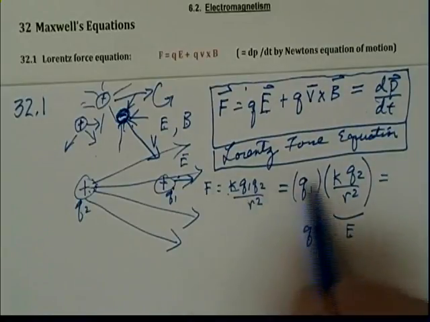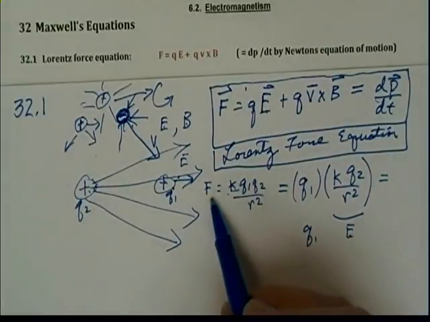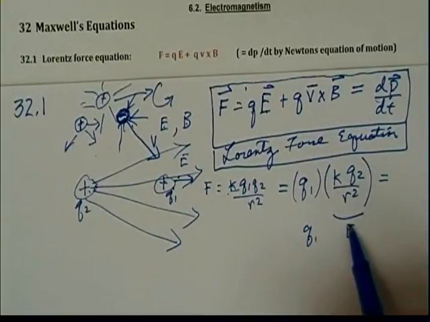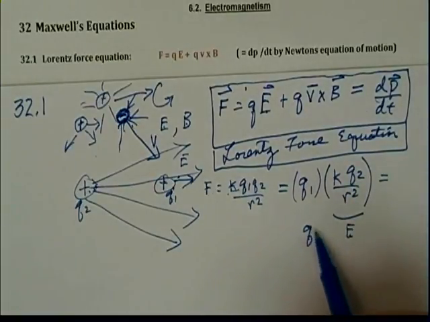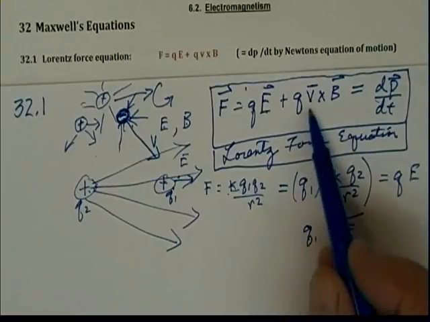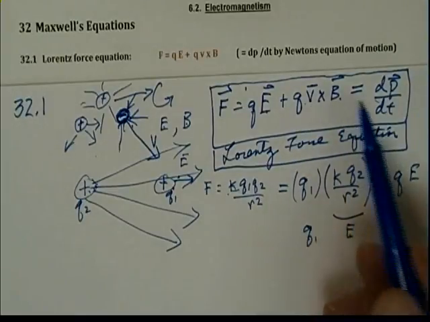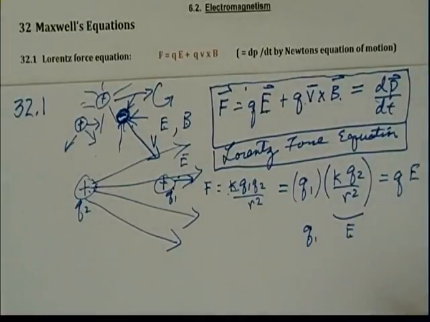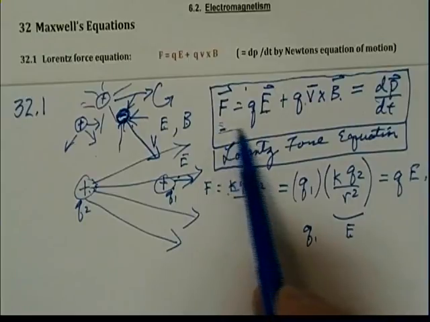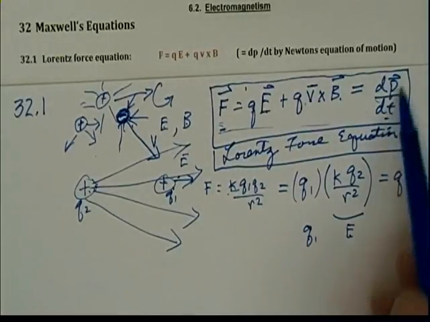And so you can see we've really split the equation that Coulomb provided us with into 2 parts, an electric field part and a charge part. And so now we can write this as Q times E. Then later on we found that there was another force that comes from the magnetic field when a charge is moving. And so that added to this, giving rise to the full form of the Lorentz force equation.